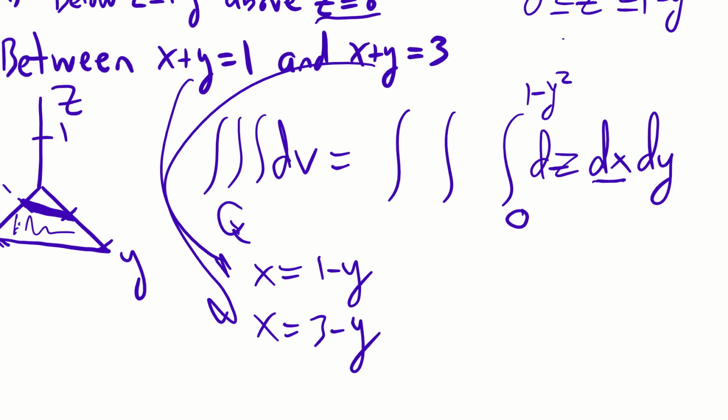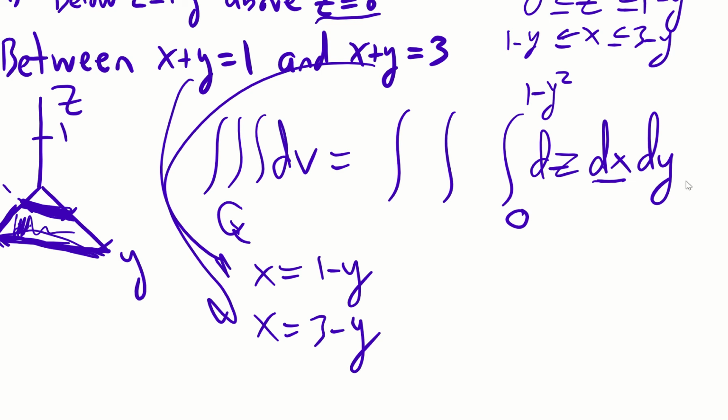If we look at the projection of our region, what we see is that the upper bound for our x values here is going to be this function. x is going to be less than or equal to 3 minus y, but it's further out of the page than this function, the 1 minus y.